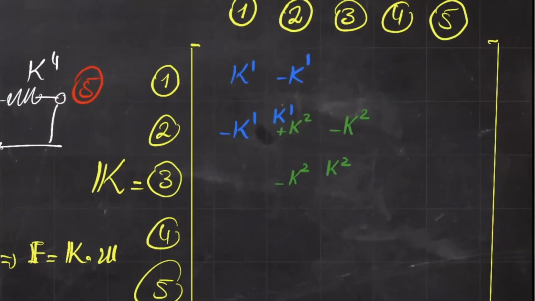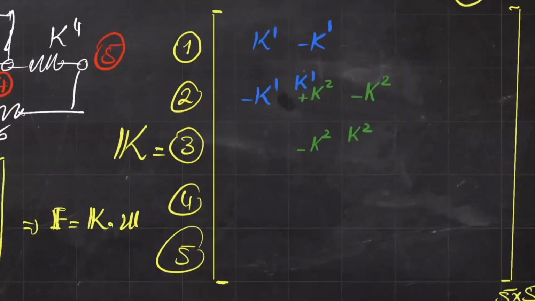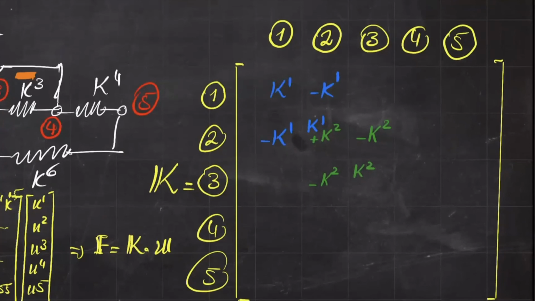So that's going to be somewhere here. So you get, again, plus K3 minus K3 minus K3, and then a K3 here.